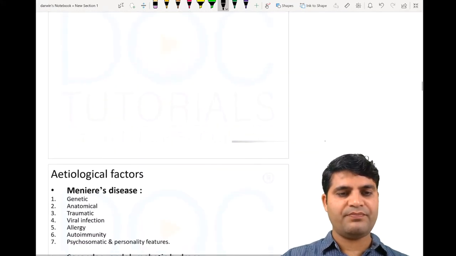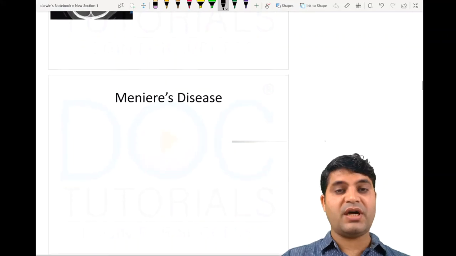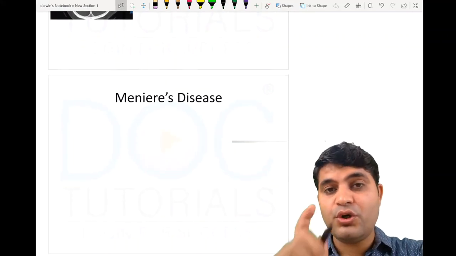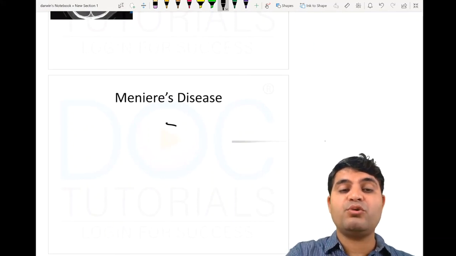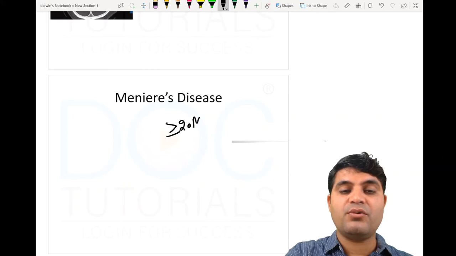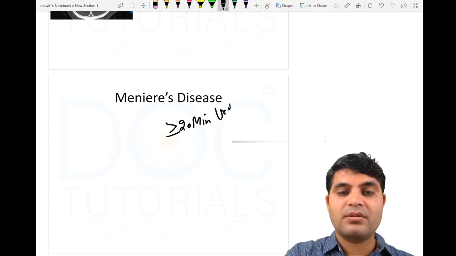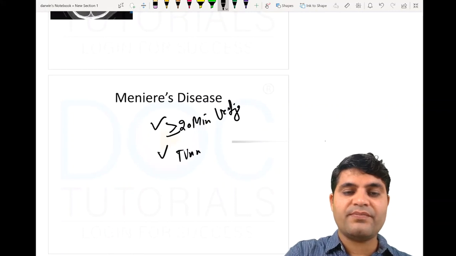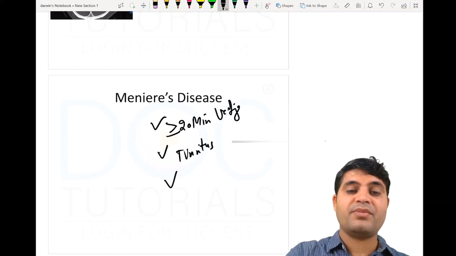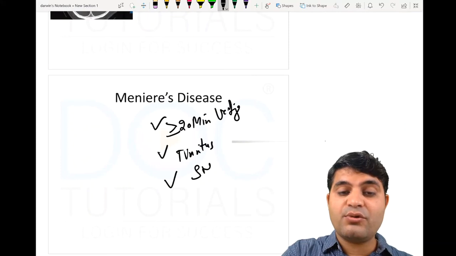Good, very good. Then Meniere's disease. I hope everybody knows the important symptoms of Meniere's disease. That means vertigo lasting more than or equal to 20 minutes. Then you know tinnitus. Then sensorineural hearing loss.